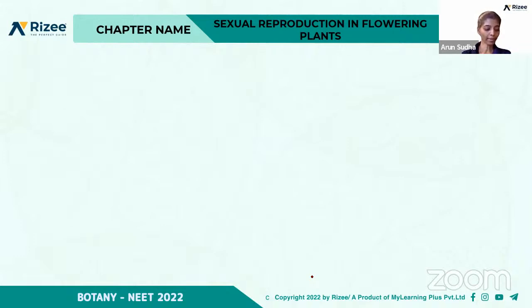In a fully developed male gametophyte, that is a pollen grain, it forms a male gametophyte. So in a fully developed male gametophyte of flowering plants, the number of nuclei is 1, 5, 3 or 4.